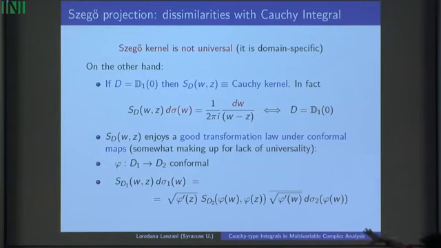In addition to this, you have some multiplicative weights that are given by square roots of the complex derivative of the conformal map. The classical theory of conformal maps grants that those square roots are well defined. There are analytic branches defined in the domain, so that this expression is meaningful.